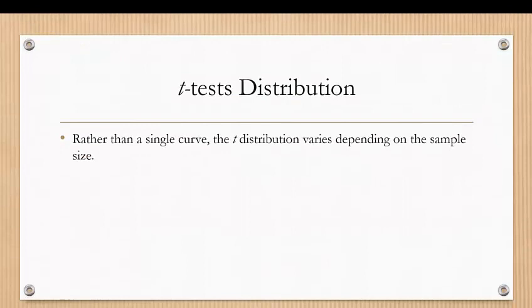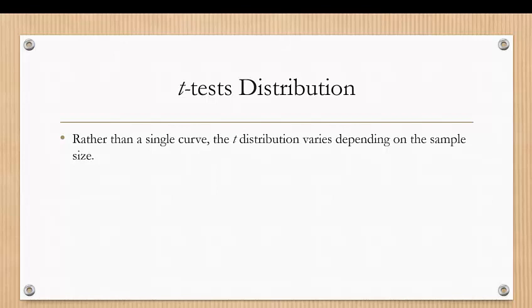So, think back to our normal curve, okay? Rather than a single curve like we have traditionally seen, the t-curve, or the t-distribution, as it's technically called, varies depending on our sample size.